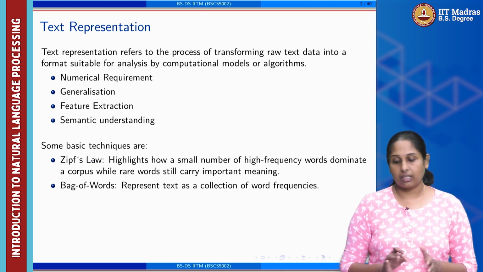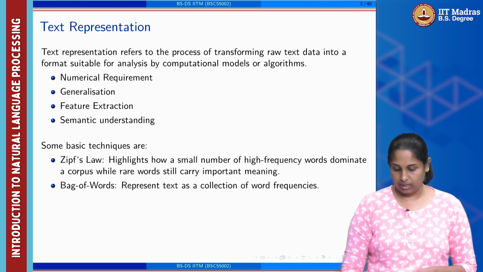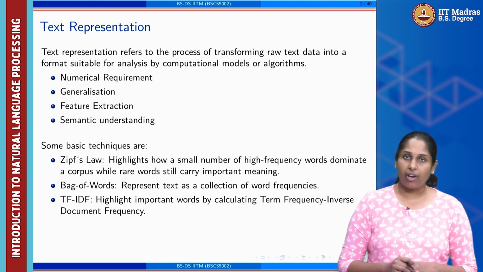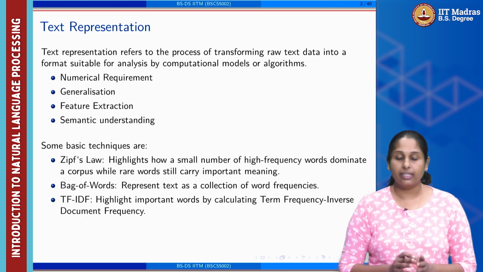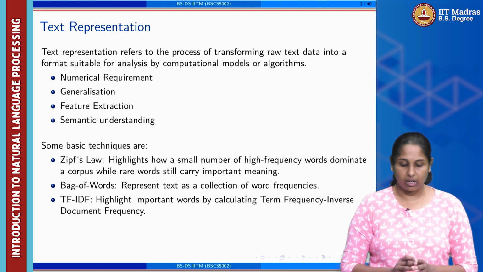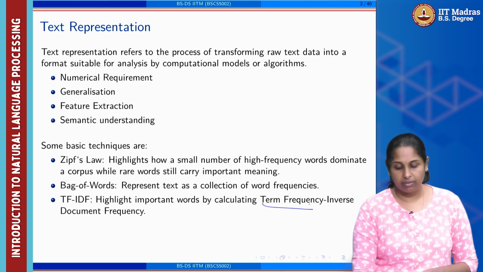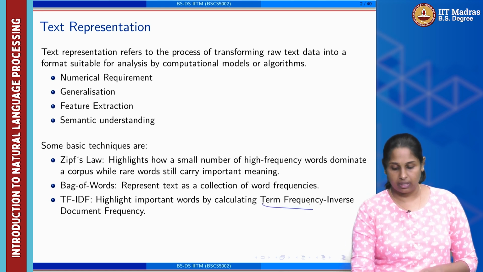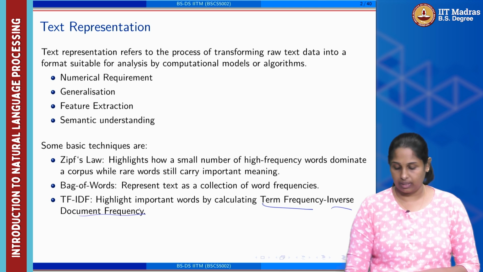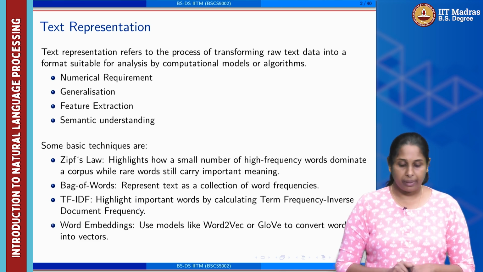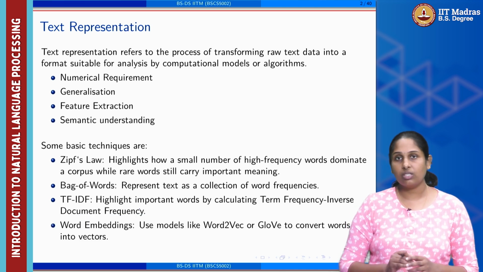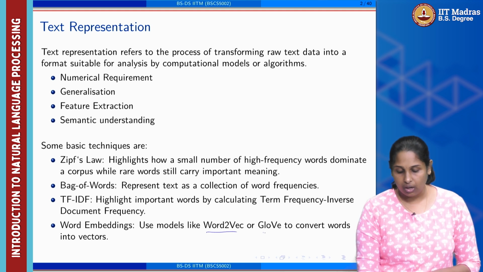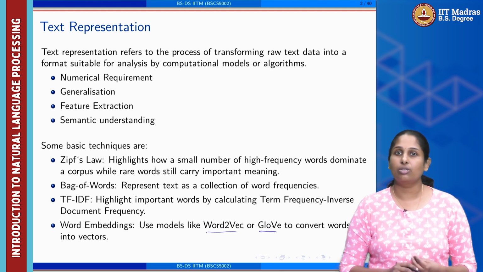It represents the text as a collection of word frequencies. And TF-IDF is another technique. It highlights the important words by calculating TF, that is term frequency, and IDF, that is inverse document frequency. And word embeddings is a technique which uses models like word2vec and GloVe to convert the words into vectors.